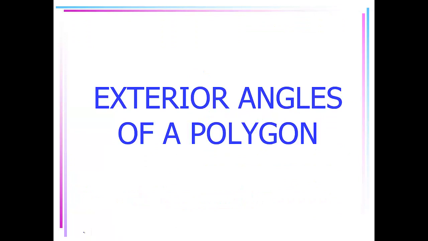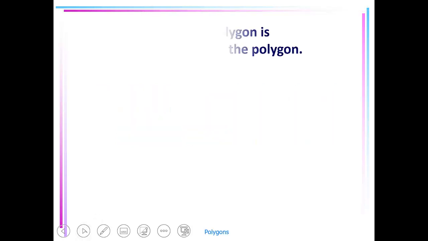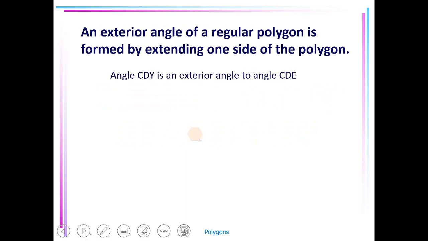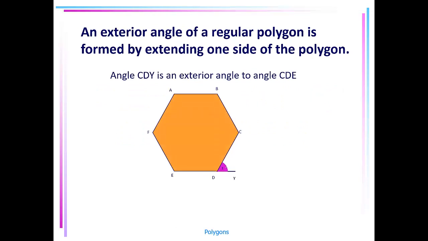Now we want to know the meaning of an exterior angle of a polygon. Exterior means outside of the polygon. So let's have a look at this polygon. Angle 1 is called an exterior angle because it's outside of the polygon. The exterior angle is at vertex D. Now, we can find beside it another interior angle which shares the same vertex, and they are on the same straight line.